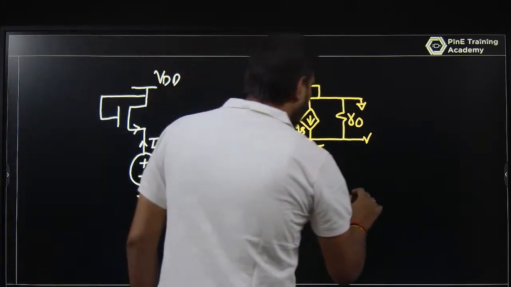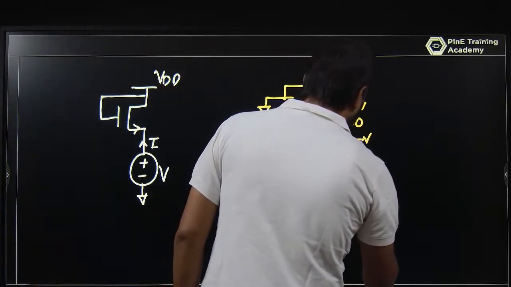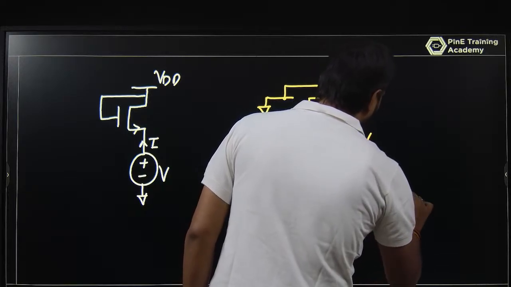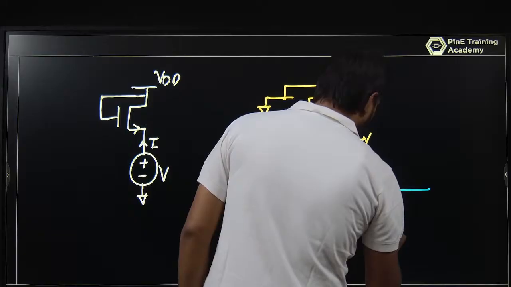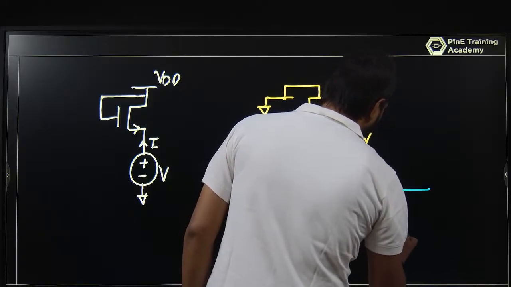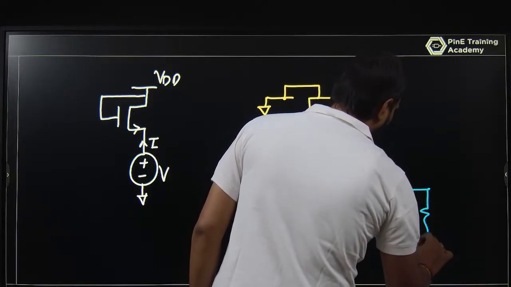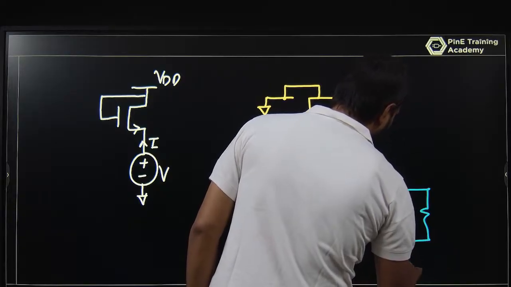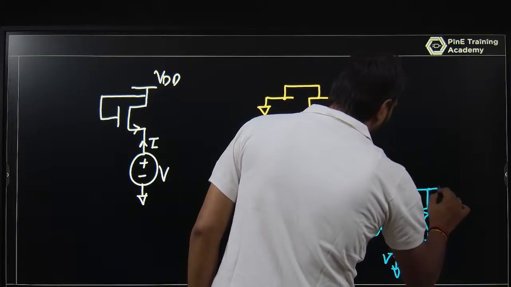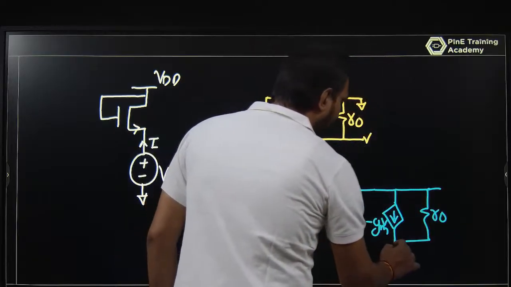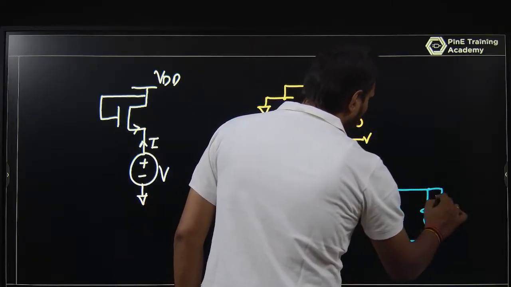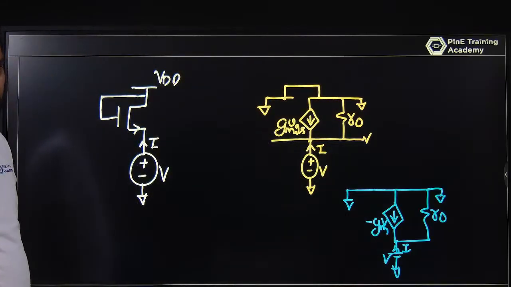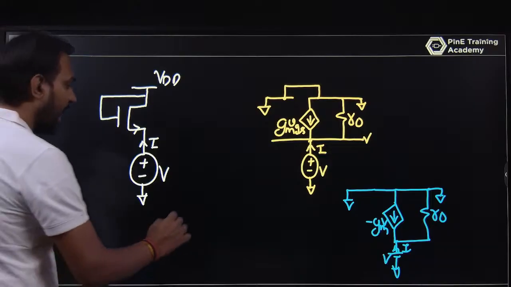So the circuit can be represented in such a way. This is minus gm V with R naught, with the voltage V here, and this is R naught, and you are asking what the current I is here, and this is also grounded. So what is I?